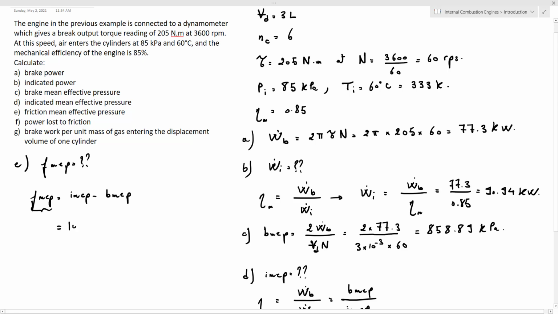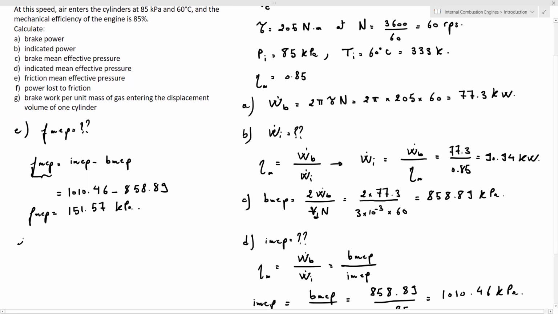So this will be 1010.46 minus 858.89. So the friction mean effective pressure will be equal to 151.57 kilopascal. Now, in part F, W dot F, the power lost to friction.